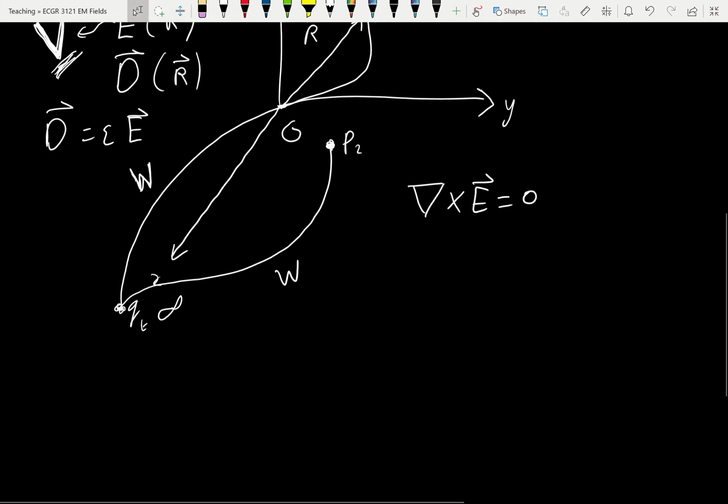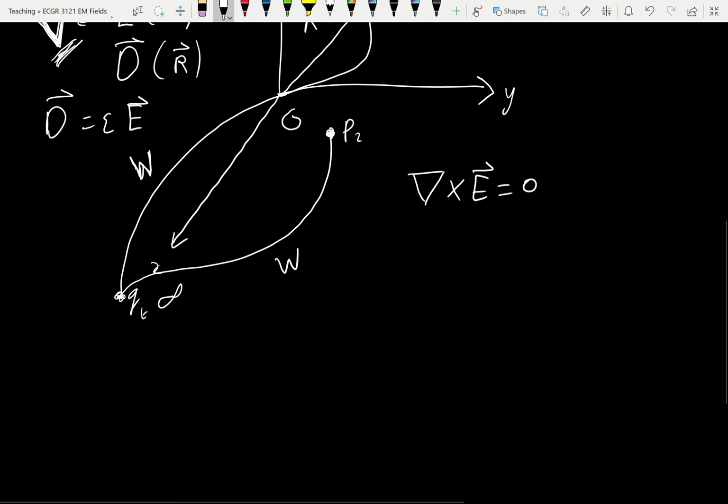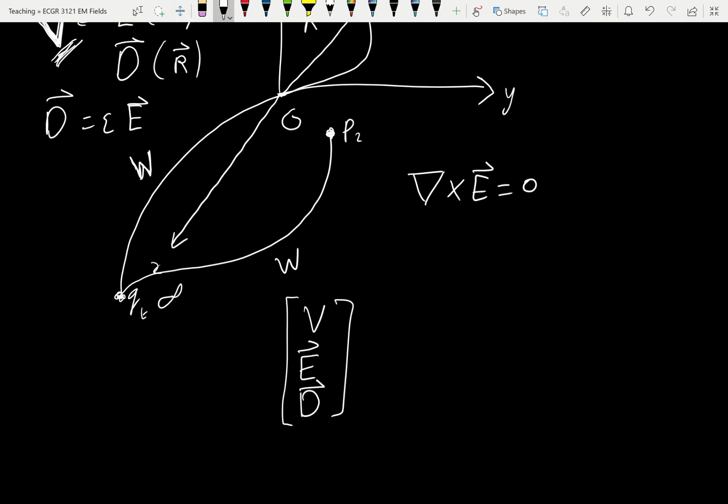The point that I'm trying to make is that V, E, and D are really different things, different probes into the same phenomena, right? And V in particular is interesting because it is energy. It is energy per unit coulomb. So it suggests that the field itself is something that carries energy.